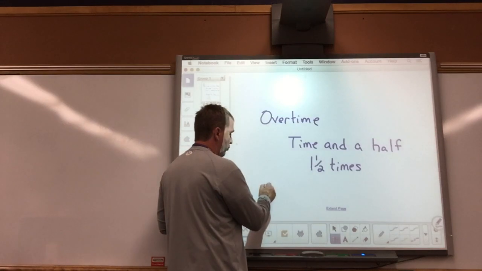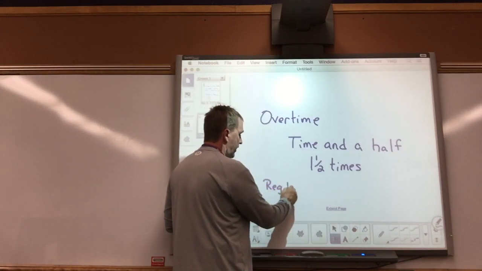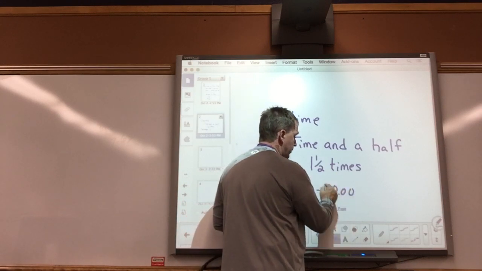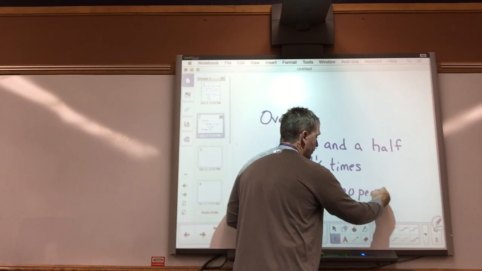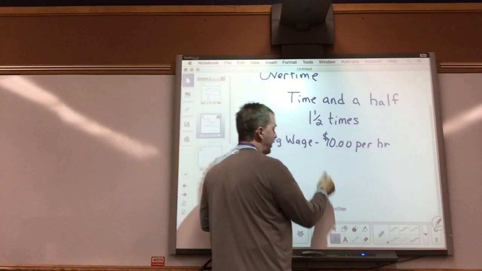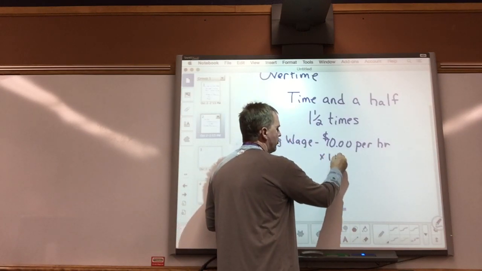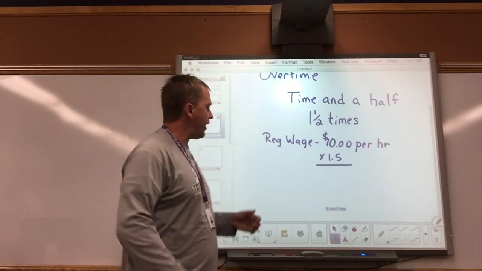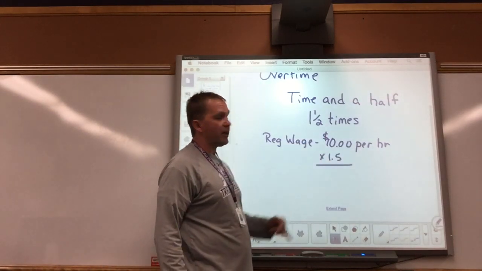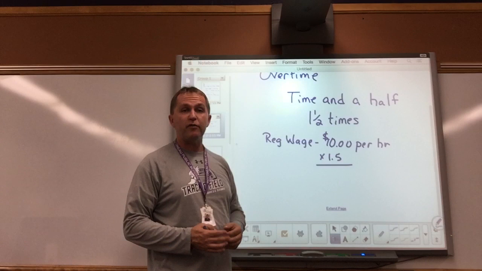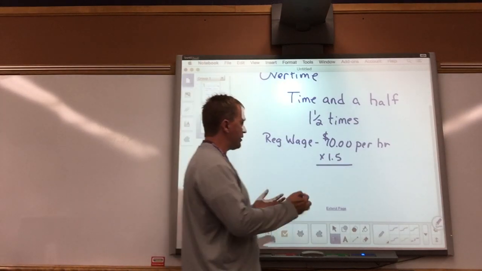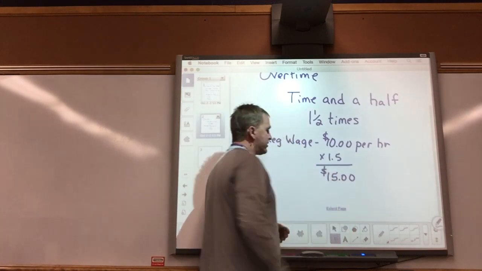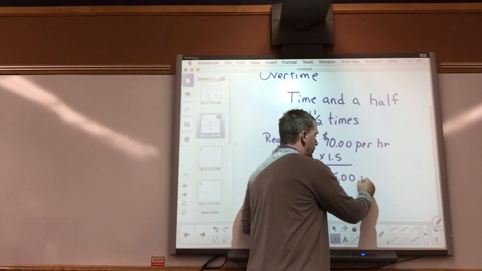As an example, if your regular wage is $10 per hour, they're going to have to pay you 1.5, and I'm going to use the decimal 1.5, times that for the hours beyond 40 or the hours beyond 80, depending on the time period, which in this case, for those hours, would be $15 per hour.